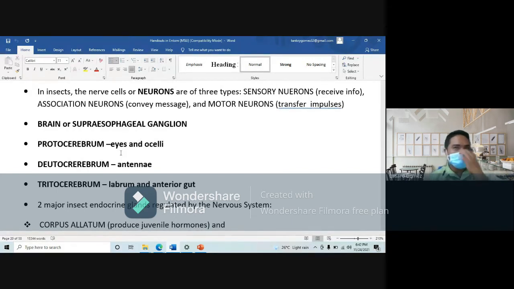If you try to imagine the mosquito, it is hard to catch because of these cerebrums that we have: protocerebrum, tritocerebrum. So it detects quickly.